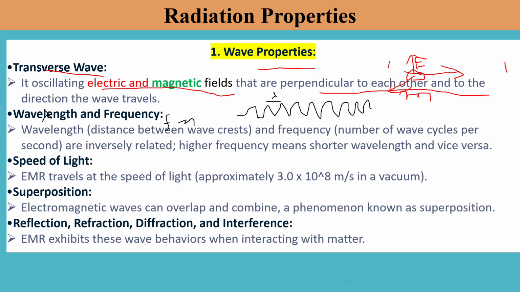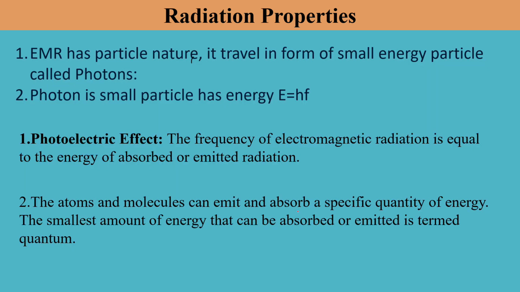The wavelength and frequency are related by the formula E equals h nu, where nu is the frequency of the radiation, and the speed of light is 3 times 10 to the 8 meters per second. Reflection, refraction, diffraction and interference phenomena can be explained on the basis of the wave nature of radiation.